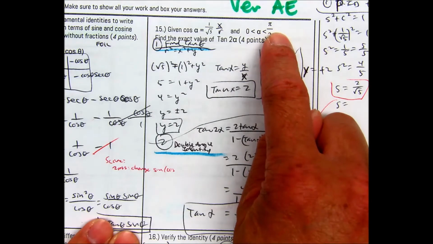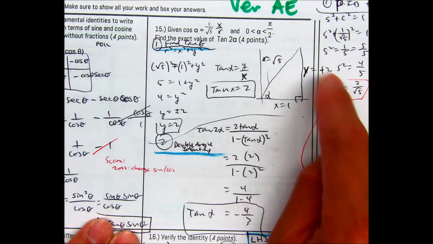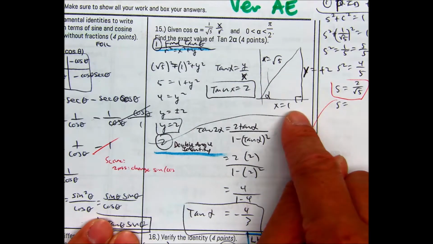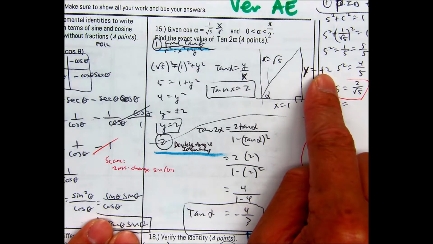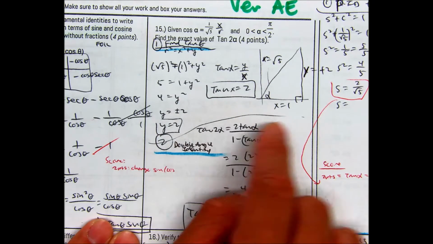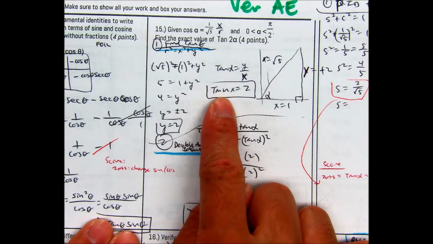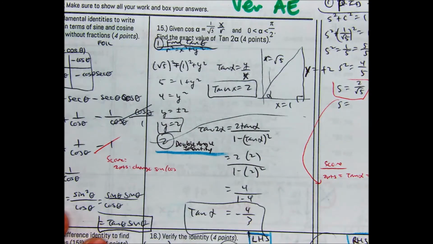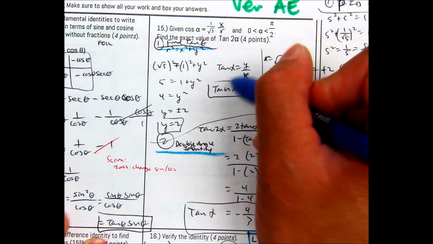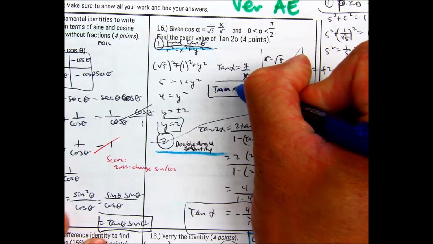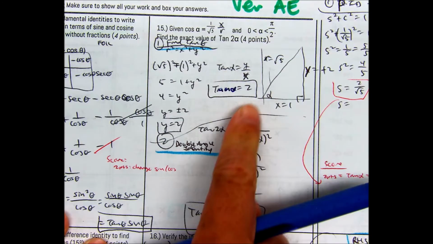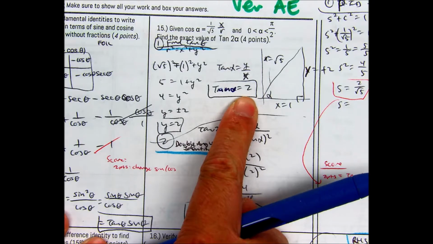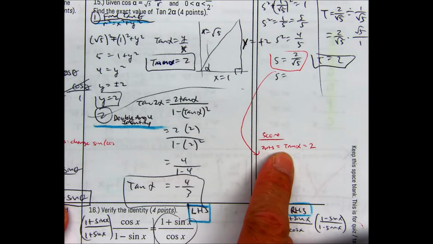Now it tells you you're in quadrant 1, so your y value is going to be a positive 2. From here, then you can get tangent to be y over x. So tangent of alpha equals 2.